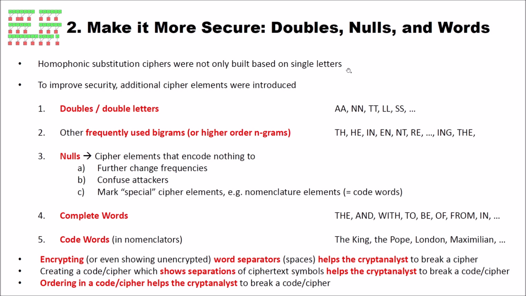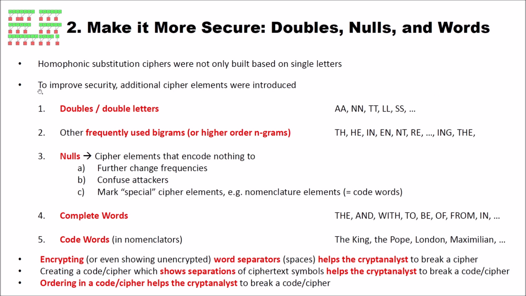We can introduce higher order text elements to improve the security. For instance, additional cipher elements, as I said, were introduced, like doubles or double letters. For instance, we could assign a special homophone for AA, for NN, for TT, LL, SS, and so on.